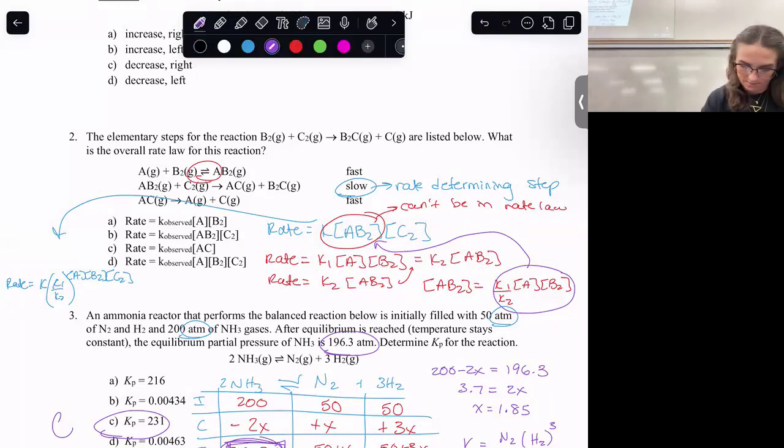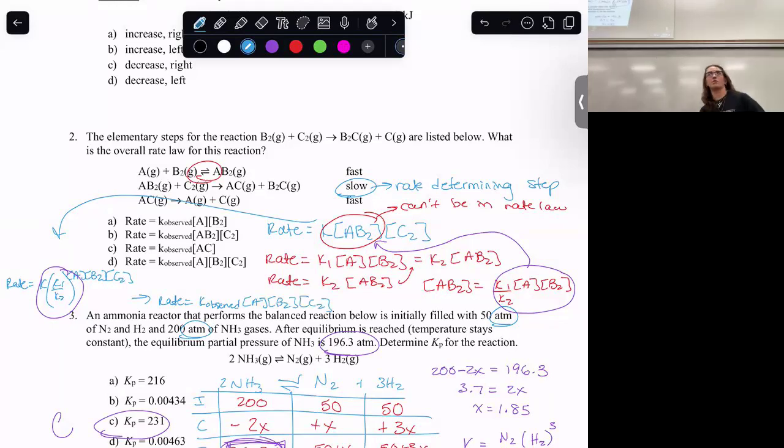Now this K1 over K2, right, those are all rate constants. They're all coefficients. They're all numbers. We can combine all of them, and that becomes our K observed. So this goes to rate equal to K observed times A, B2, C2. And what answer choice does that correspond to? This is now D. Yep.